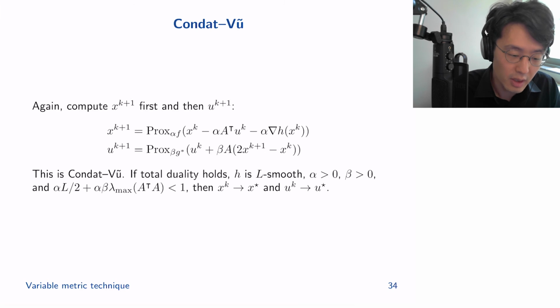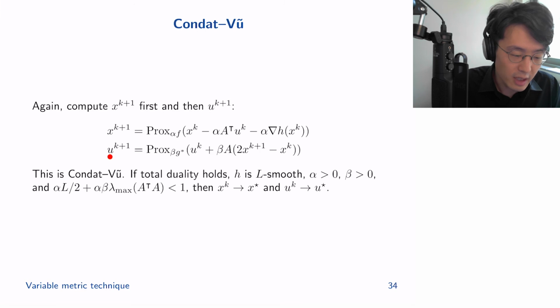So in the first step, we utilize xk and uk, perform this matrix vector product and a difference, and then furthermore, we evaluate the gradient of h at x and then subtract that out. So this is the only difference. This is the only added computational step compared to the previous method, PDHG. And then after that, we apply the proximal operator with respect to f to obtain xk plus 1.